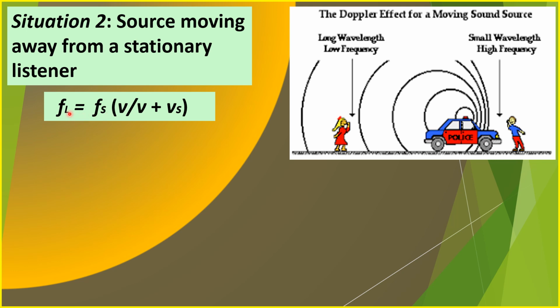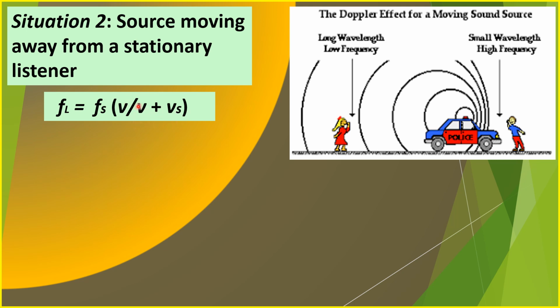FL is equal to Fs multiplied by V over V plus Vs. This means that since the source of the sound is moving away from a stationary listener, notice that in the denominator we have here V plus Vs. The listener is stationary, so you don't see the VL quantity here because it is zero.